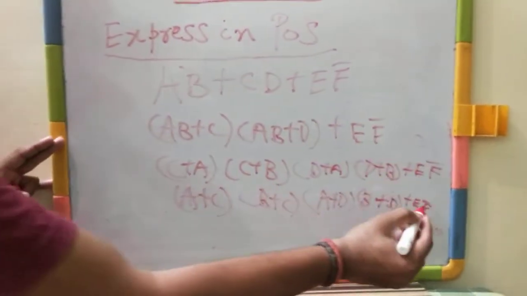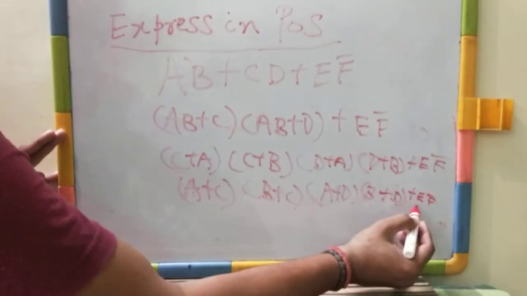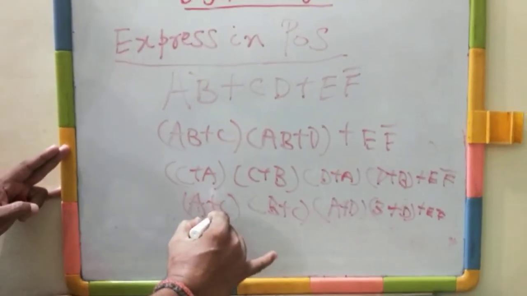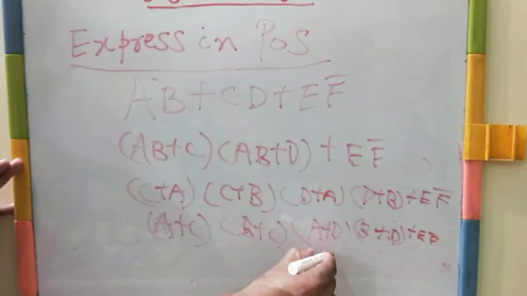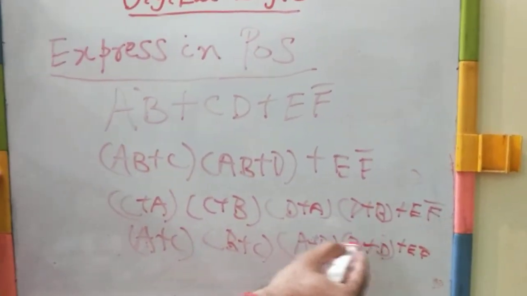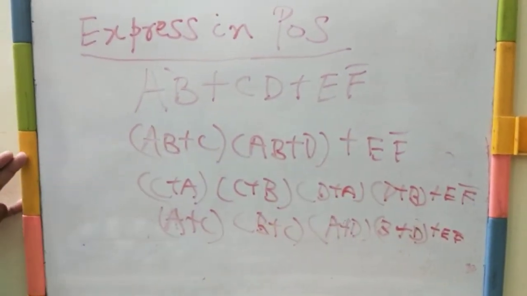Now we should assume this EF dash as A, and the other terms as B, C, D, E. So A plus BCDE. What are we going to get?